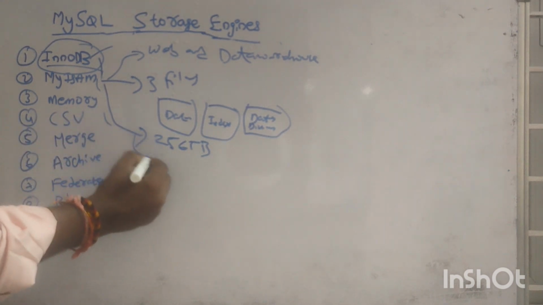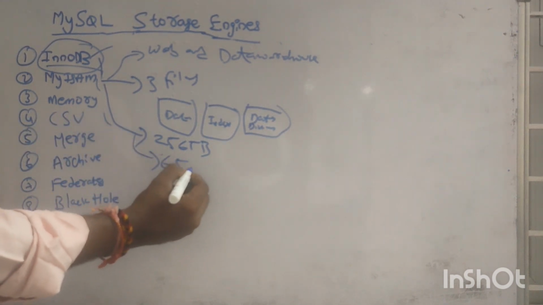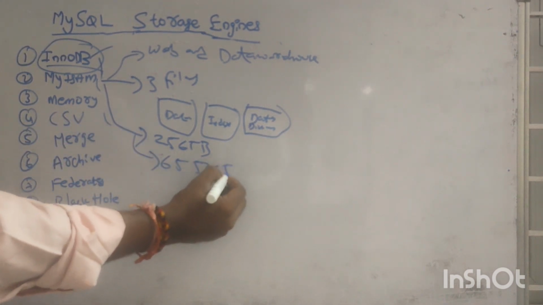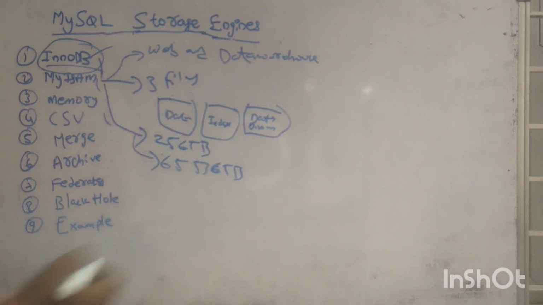The maximum cap is 65,536 terabytes. Because this mostly supports data warehouses, data will be coming and dumping into it. That is the reason it supports more storage and a larger amount of data. So that is all about the MyISAM storage engine.